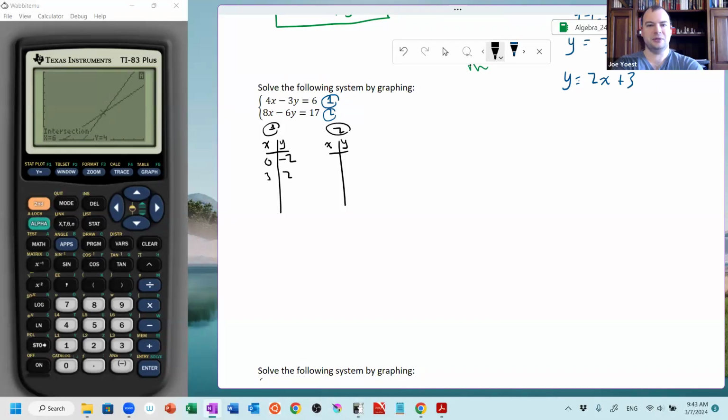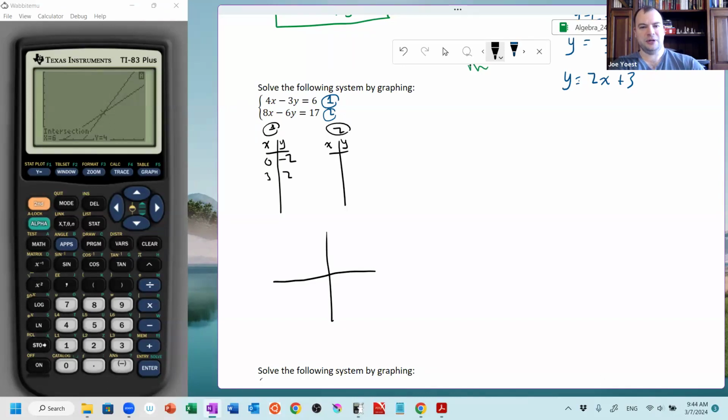I think y is 2. So 12 minus 6 would be 6. So that gives me 2 points on line 1.